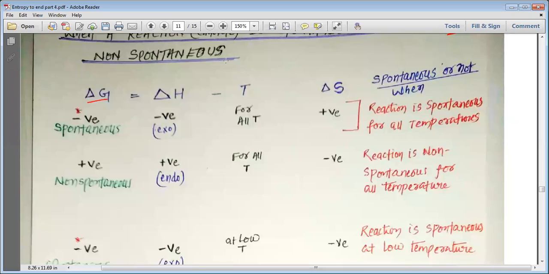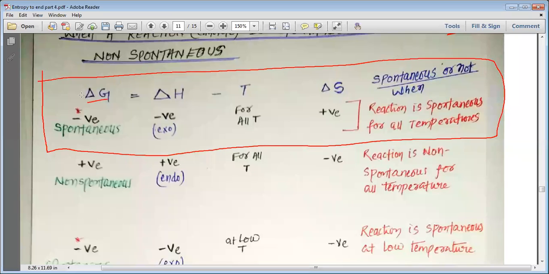Now let's look at the first scenario. Suppose you have delta H is negative, so that is the exothermic reaction. And suppose you have delta S is positive.